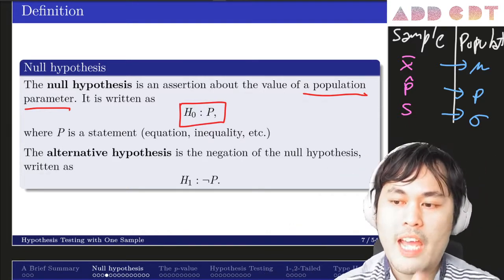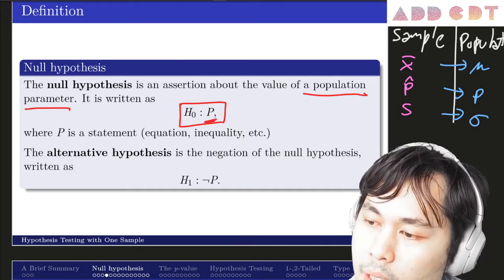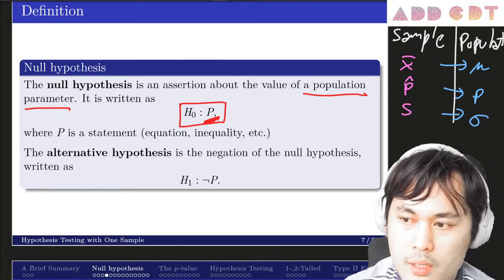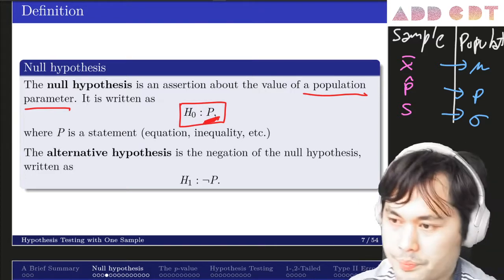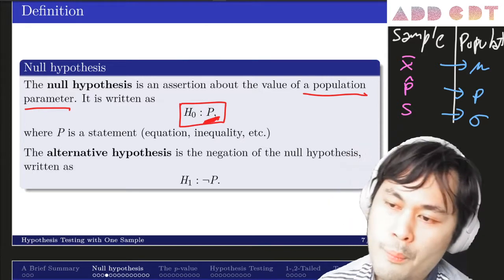We're going to have a full statement as in a sentence, but we abbreviate and refer to that statement as H null. We will see in a moment what kind of statement it is.